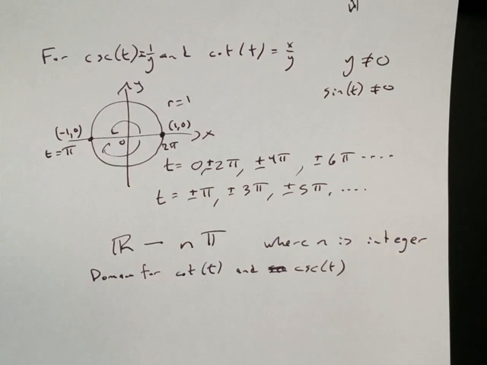The range for these is the same as the range in the previous part. So the range for cotangent is the same as the range for tangent. The range for cosecant is the same as the range for secant.